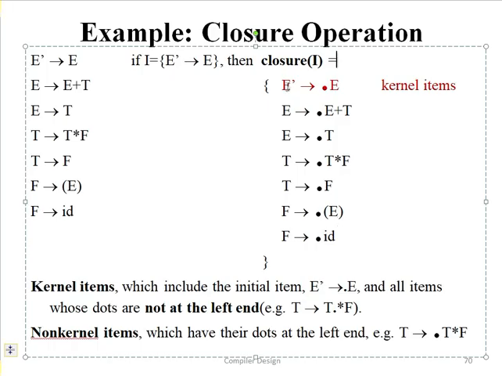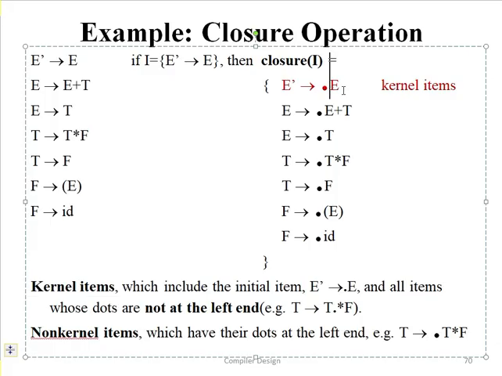The first item is E prime derives dot E. We simply take E prime derives E and place the dot at the left end of the right hand side of the production rule. Then, once we added the item, we look for a non-terminal after the dot symbol.